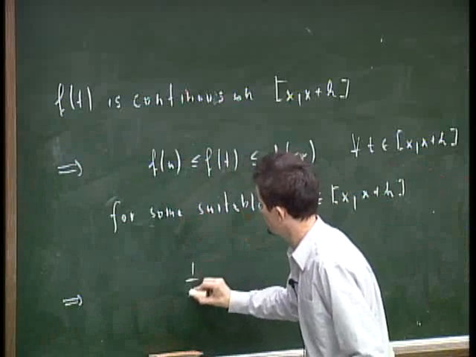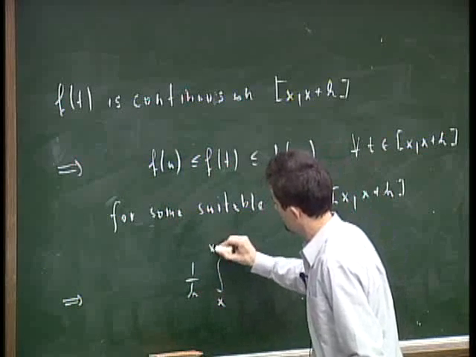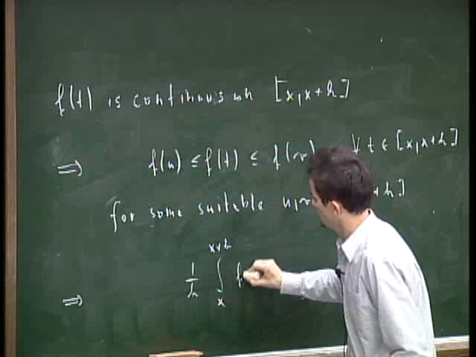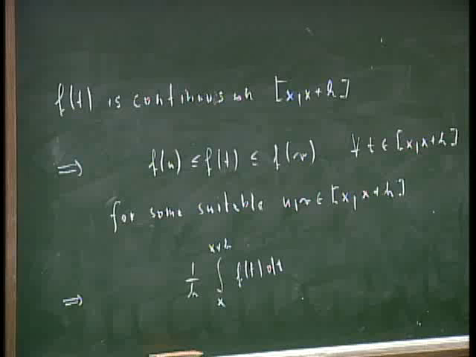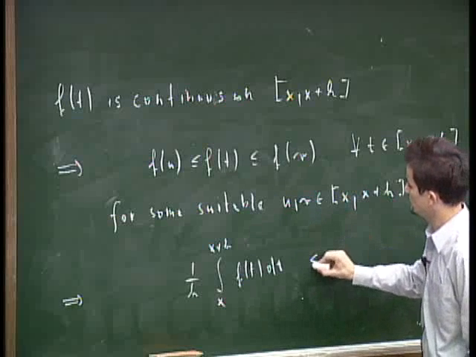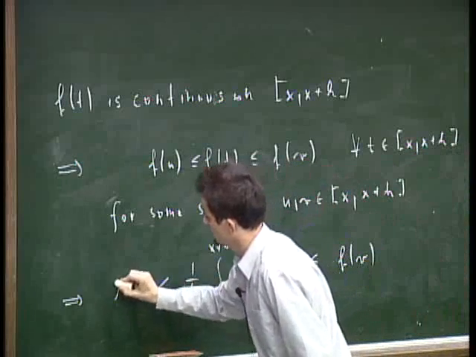So you see that 1 over h, the integral from x to x plus h, f of t dt, if you plug this in, is smaller equal than f of v and larger equal than f of u.